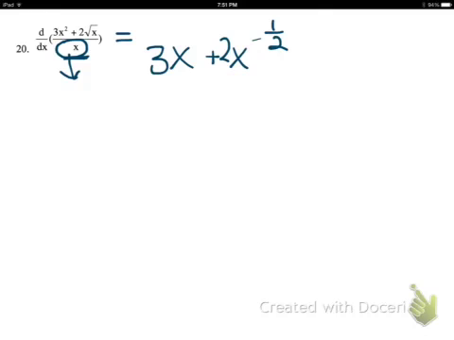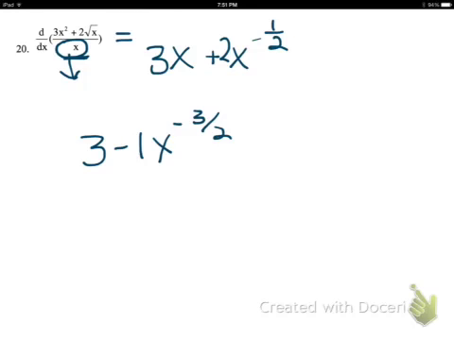So the derivative of that would be 3 minus, when I bring the 1/2 down, I get 1x to the what? Negative 1/2 minus 1. I'm just thinking, sorry guys. Negative 1/2 minus 1 is negative 3/2. So there's my derivative, 3 minus x to the negative 3/2.